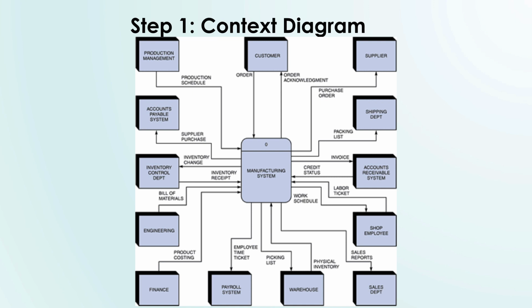And all of the symbol names are written in capital letters. You can also see that the entity names are nouns, and the data flow name is also a noun together with an adjective.